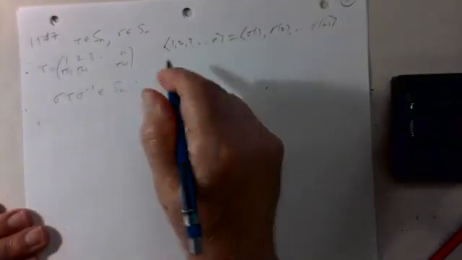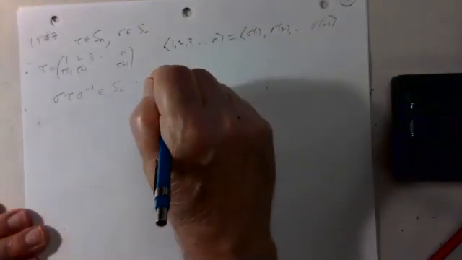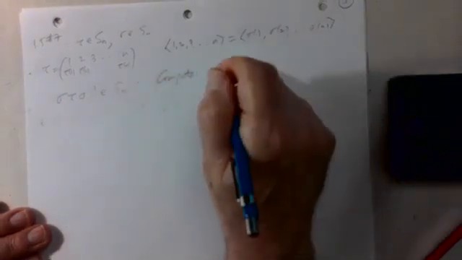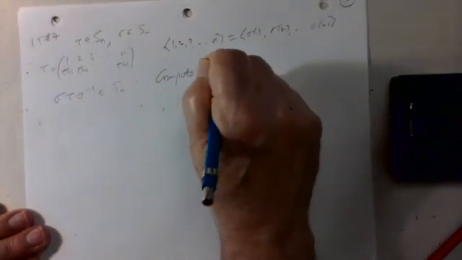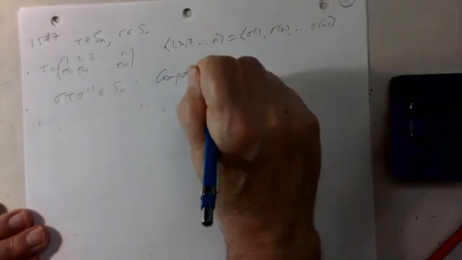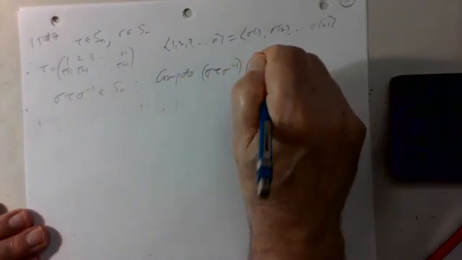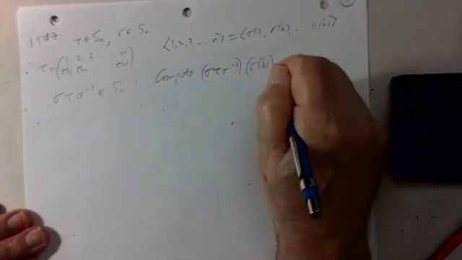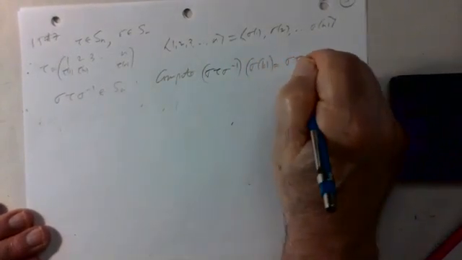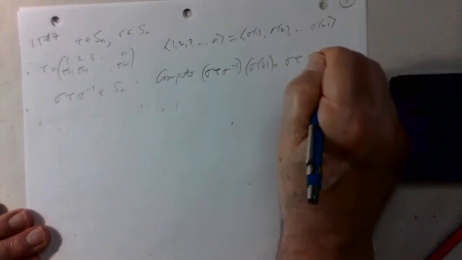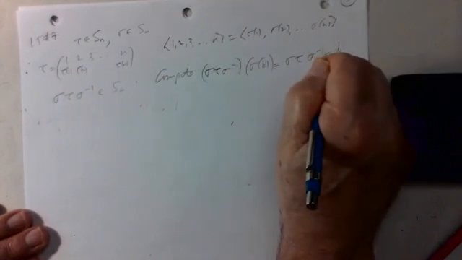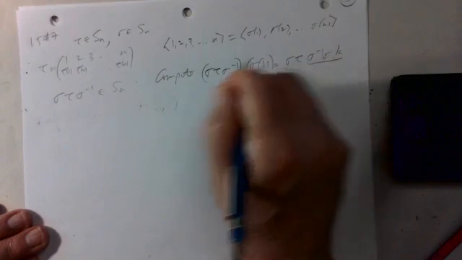So let's compute sigma tau sigma inverse applied to the number sigma of k. So what is that? That's sigma tau sigma inverse of sigma of k. Well, sigma inverse of sigma of k is just k.